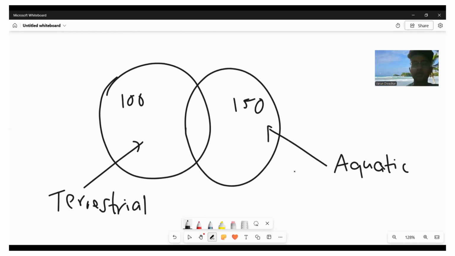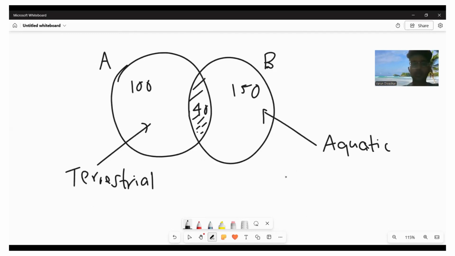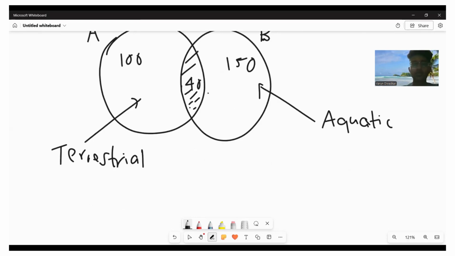And the amphibians are, let's say, 40 in number, all right? So the shaded region is 40. Let's say this is the set A. The terrestrial animals are represented by the set A and the aquatic animals by the set B, right? So what's going to be this union?